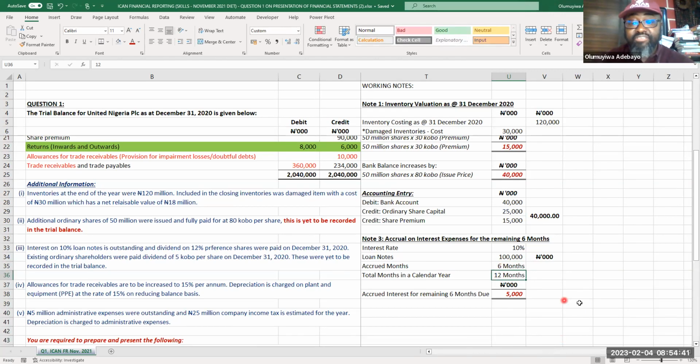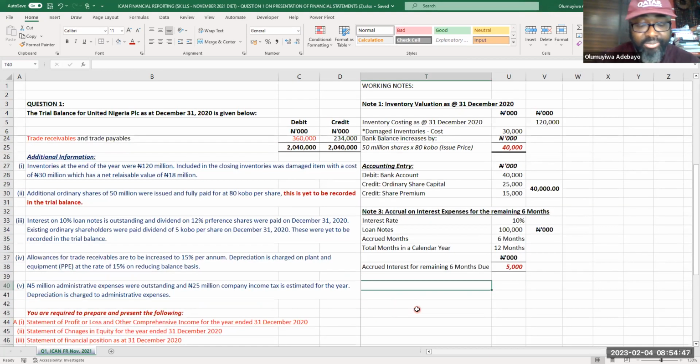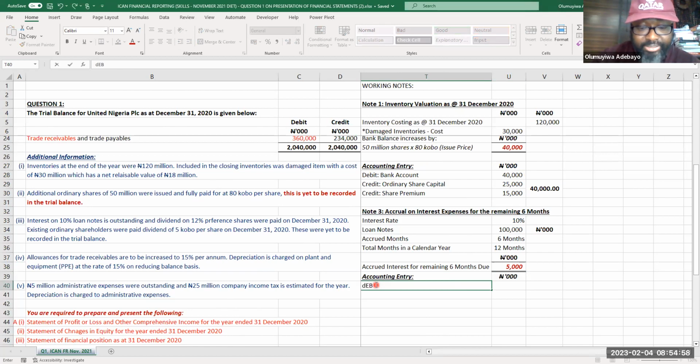Okay. Therefore, what I have to do is that we are told that it remains outstanding. Okay, which means what will I do? Accounting entry. Interest is an expense. I'll debit finance cost.